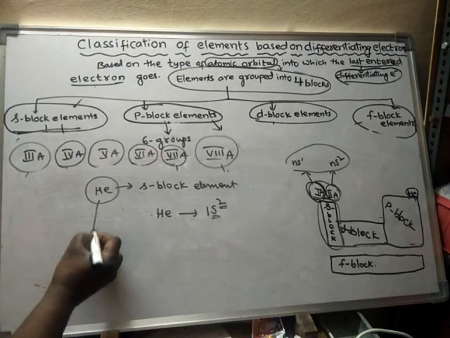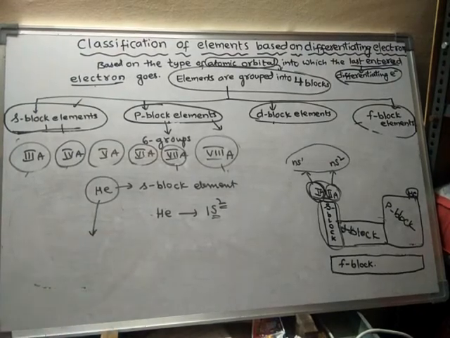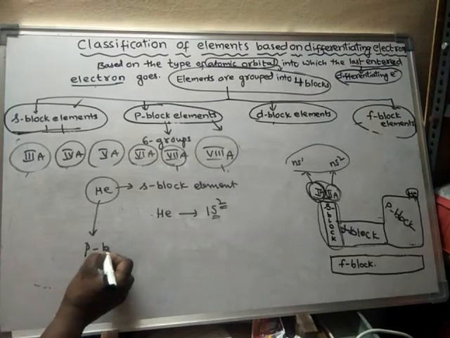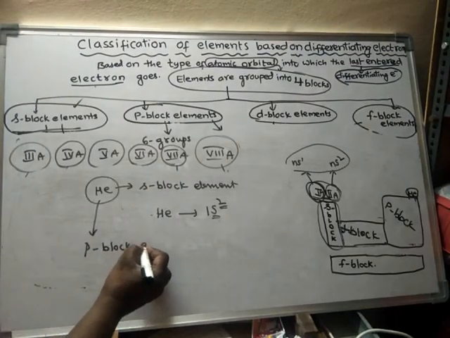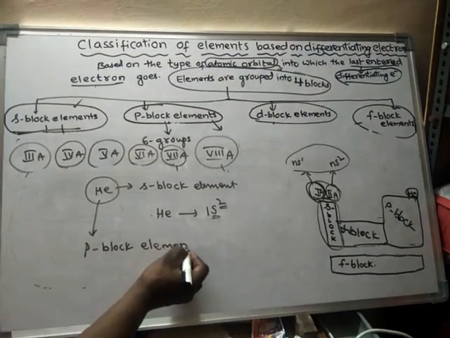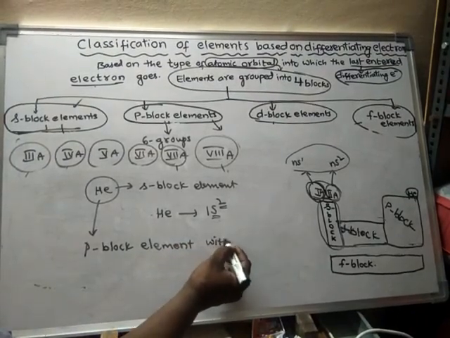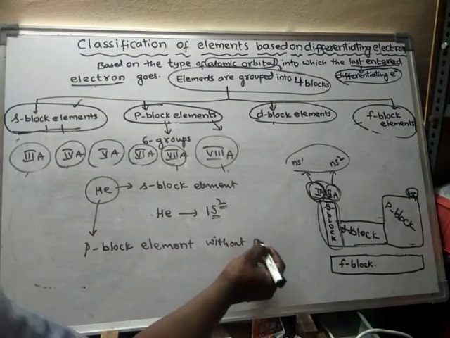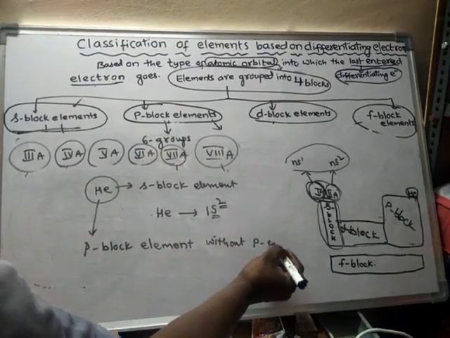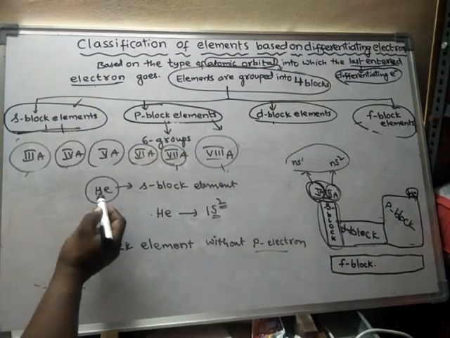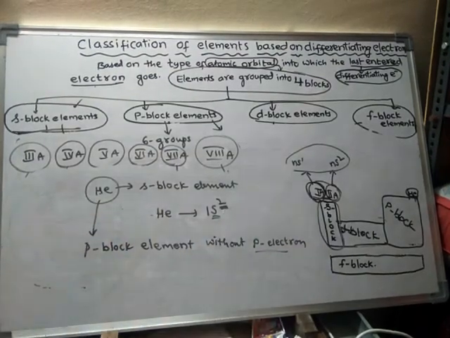It is also called a P block element without a p electron. That means in helium the last electron is an s electron.